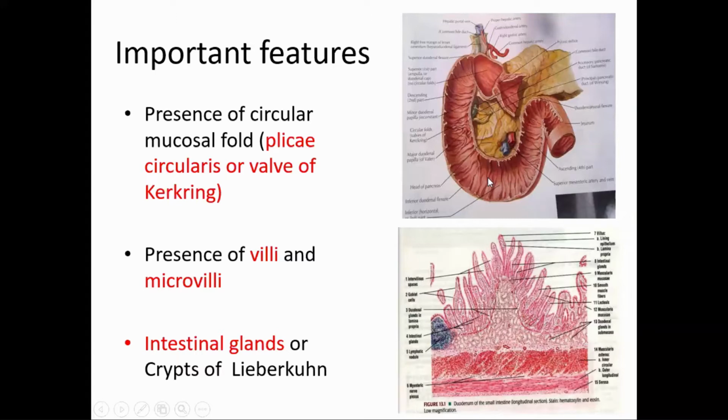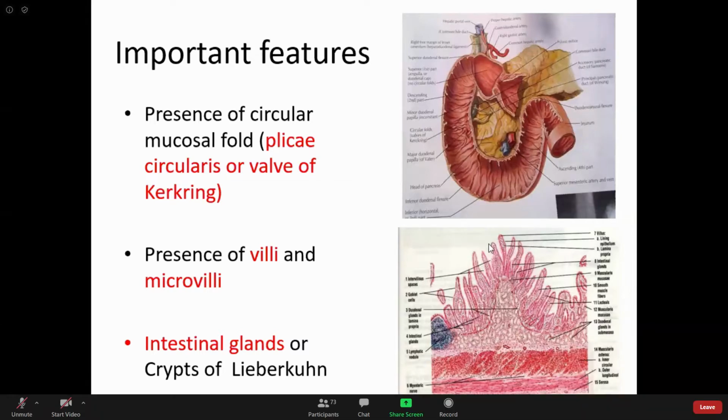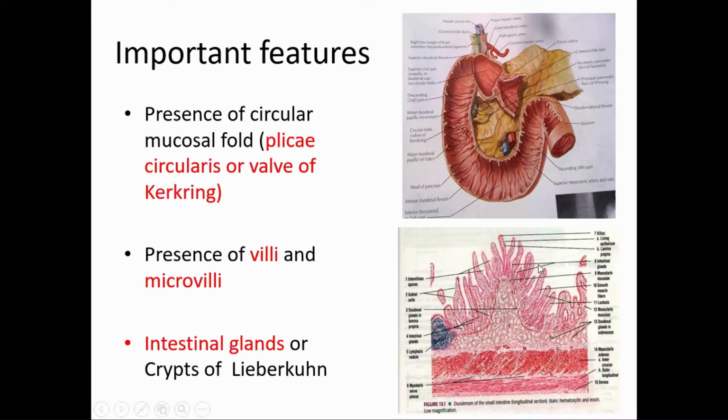It is a C-shaped tube present around the head of the pancreas, and it lies opposite the L1, L2 and L3 vertebrae, above the level of the umbilicus.